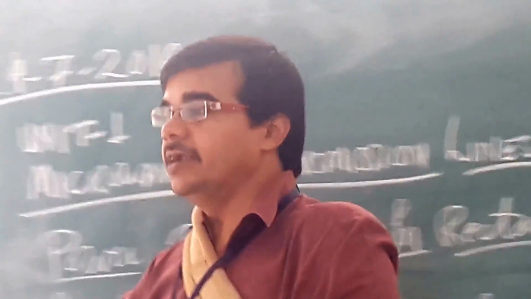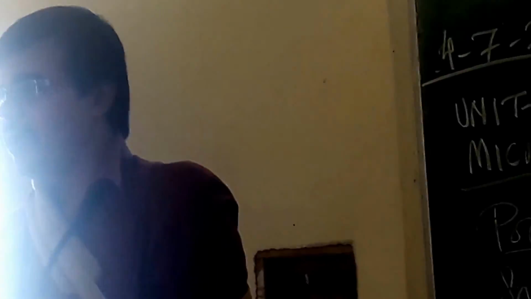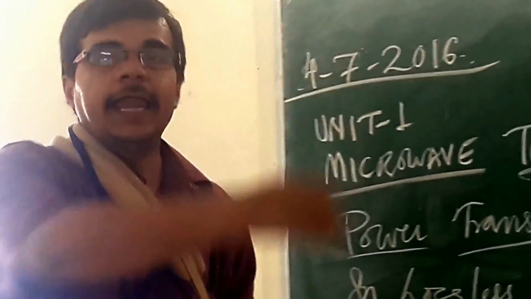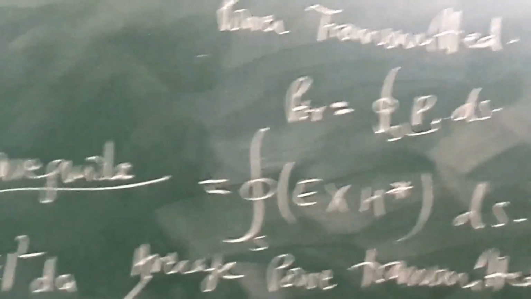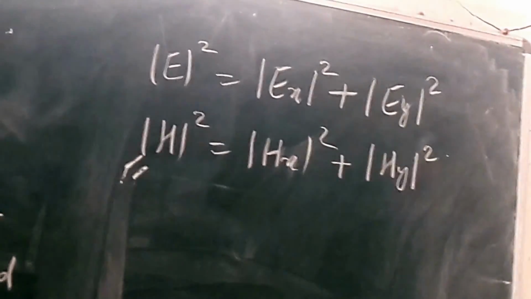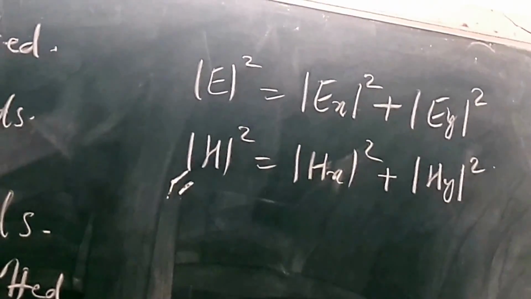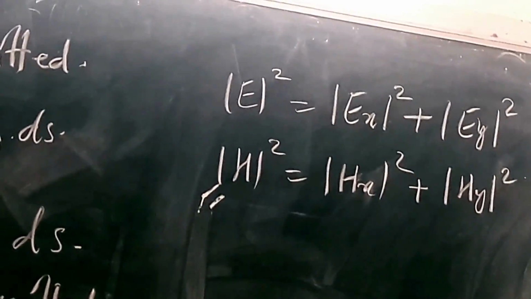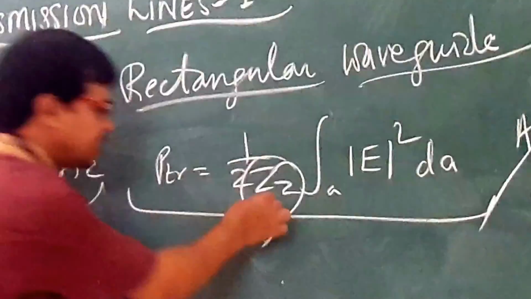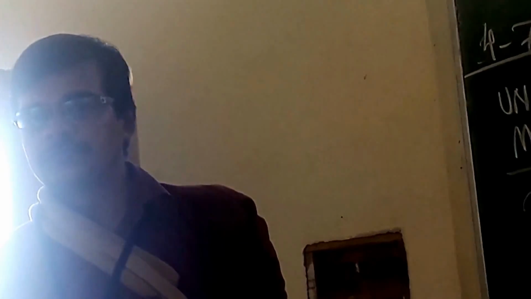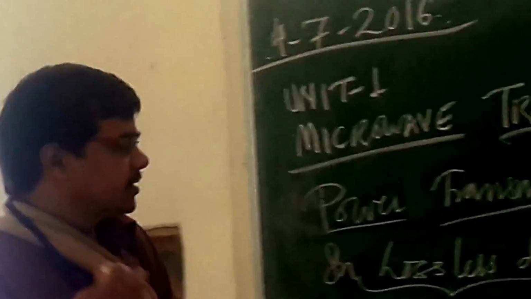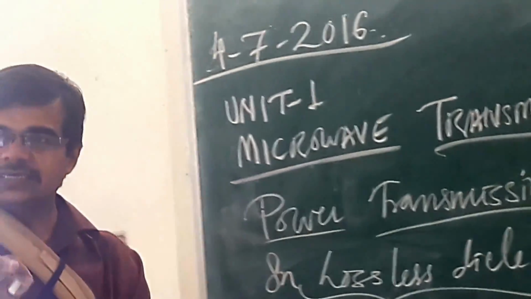The electric field consists of an electric field component in the x-axis and an electric field component in the y-axis. Similarly, your magnetic field consists of a magnetic field component in the x-axis and in the y-axis. Which impedance? Just substitute the value of the wave impedance and you can get the equation for that.